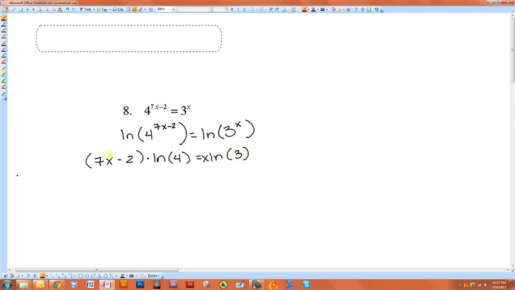Okay. Now, there's a few ways to deal with this. You've got an x here and an x here. The way I'm going to deal with it is by distributing. You might not like this way, but I think it's the most straightforward. Well, it's about as straightforward as you can get with this.